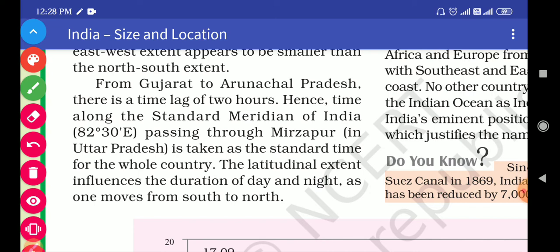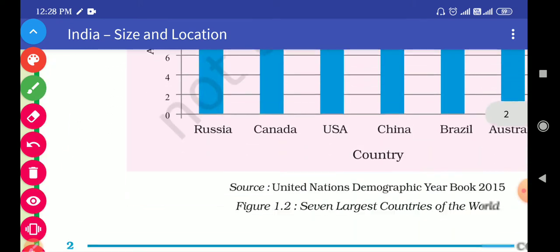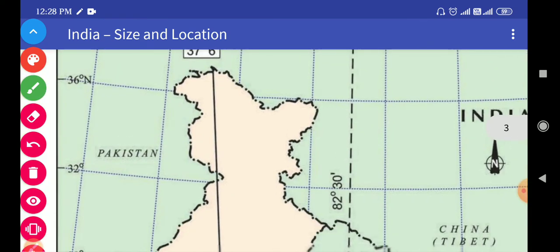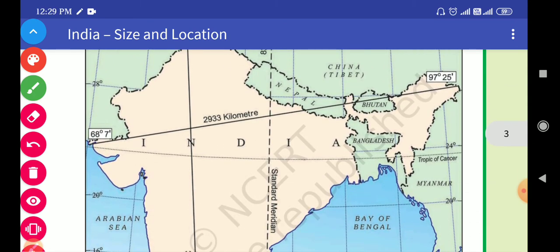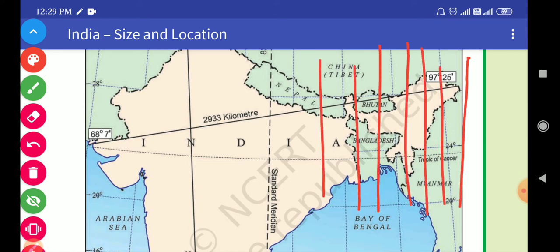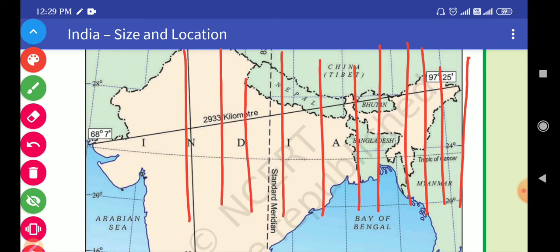Once again, to understand this paragraph, we have to move to the map of India. Here it talks about the longitudinal extent. If we see, there will be a total of 30 longitudes.